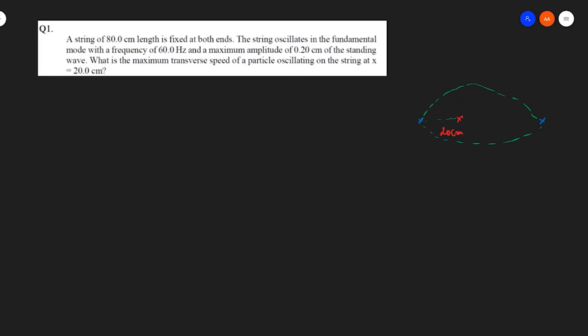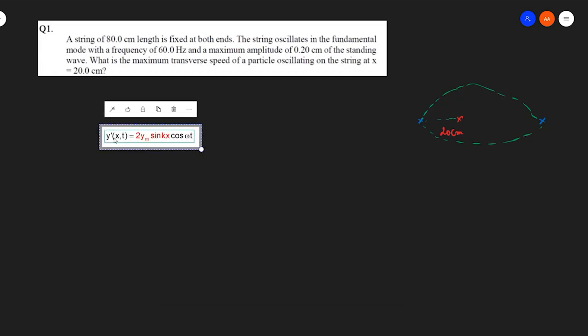To answer this question, first of all, I need the relation for the displacement, which we call y prime, as a function of x and t. We have y prime equal to 2ym sine kx cosine omega t.